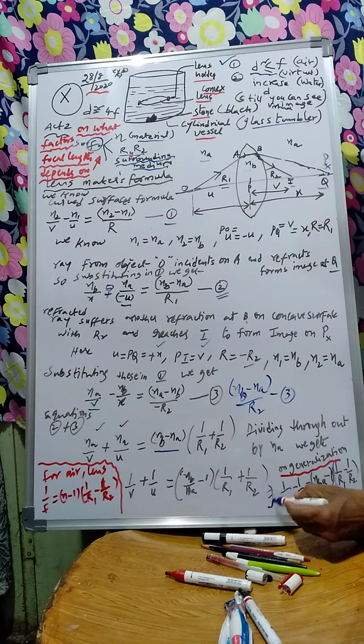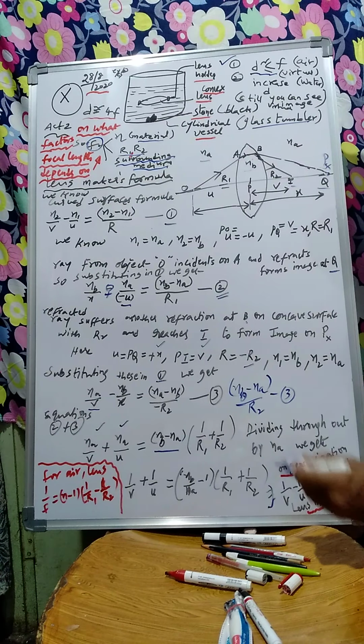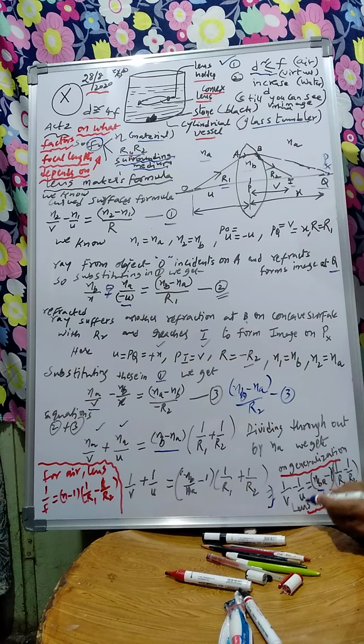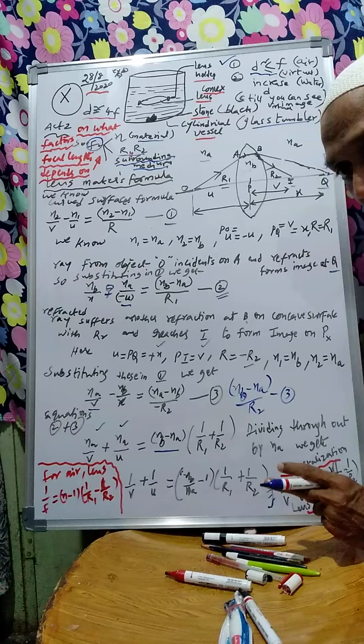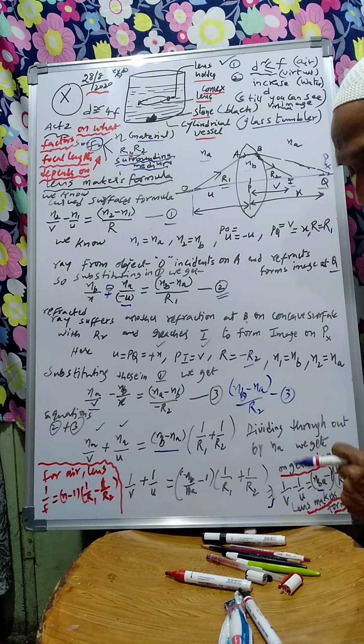So we get, on generalization, the lens maker's formula. This is the general formula: 1 by V minus 1 by U is equal to NBA minus 1 whole bracket 1 by R1 minus 1 by R2.